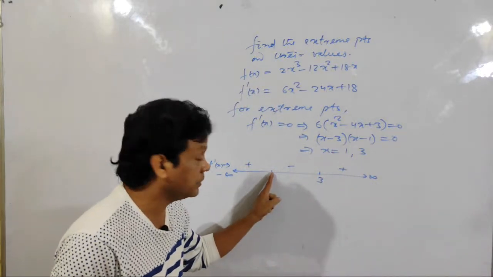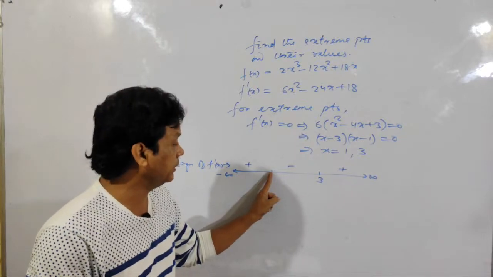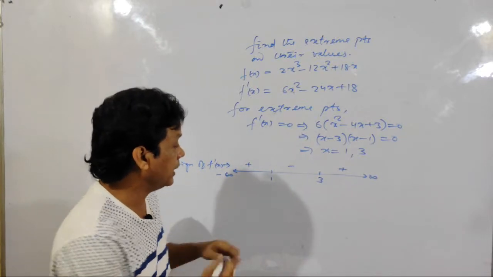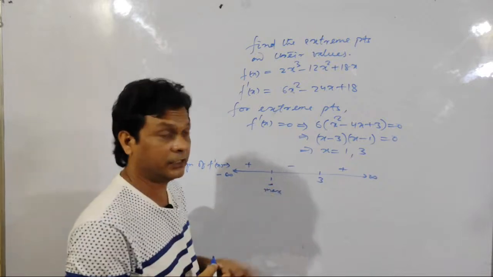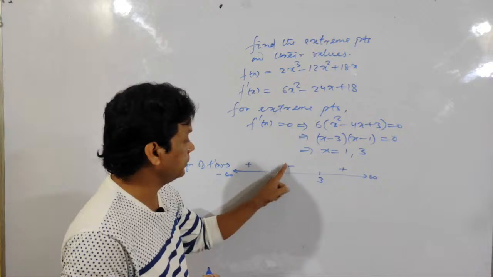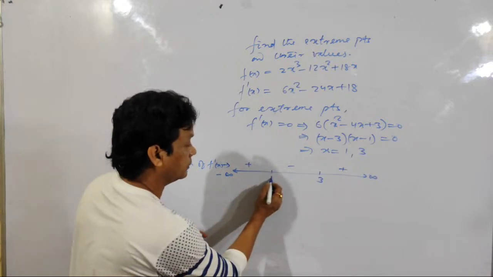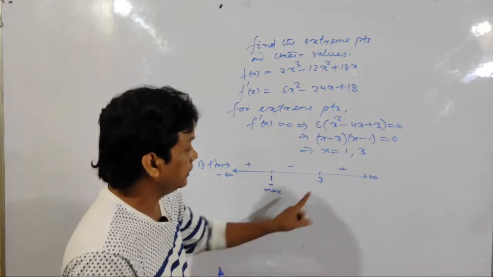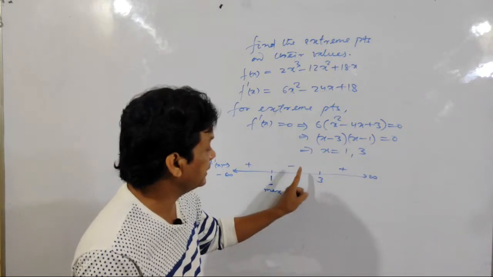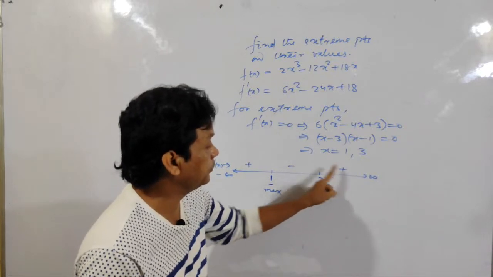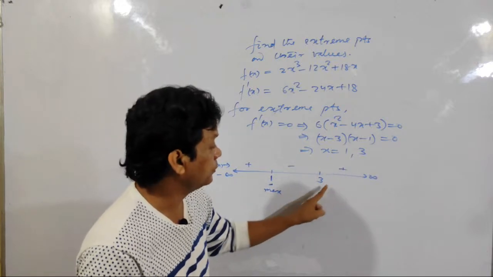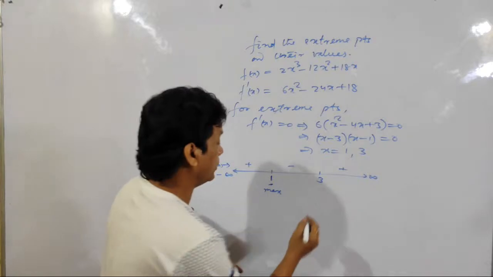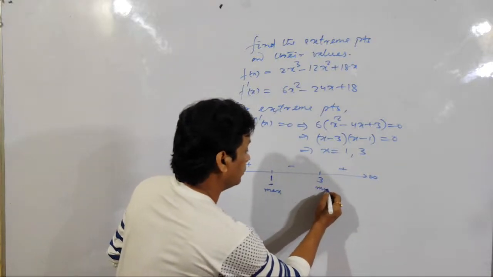While passing through x is equal to 1, the sign of the derivative changes from positive to negative. So at x is equal to 1, maxima will be obtained. Clear? Again, while passing through x is equal to 3, the sign of the derivative changes from negative to positive. So at x is equal to 3, minima will be obtained.